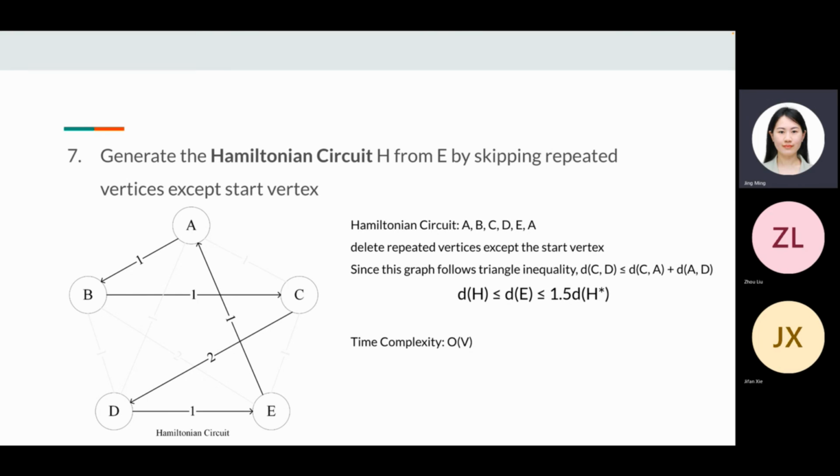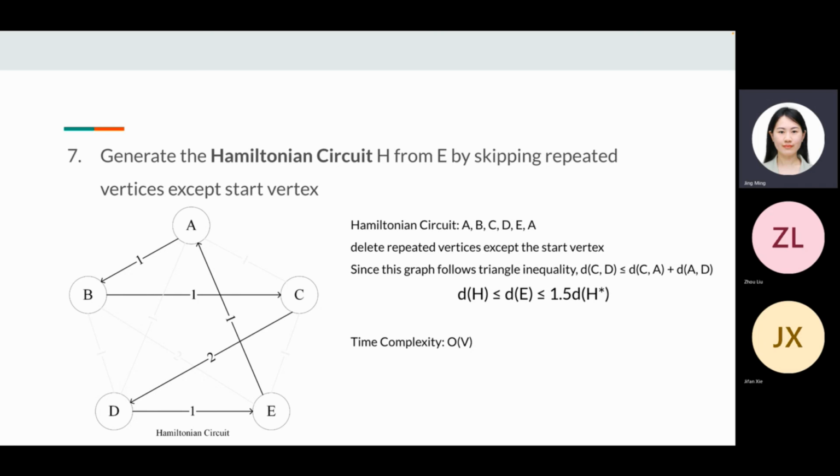And last, we finally get the Hamiltonian circuit from the Eulerian tour. And this circuit deletes repeated vertices except the stop vertex. That is, we delete AD and AC in the Eulerian tour, and we add CD. And because it follows the triangle inequality, the Hamiltonian circuit is smaller than the Eulerian circuit, and is smaller than 1.5 times the optimal tour.